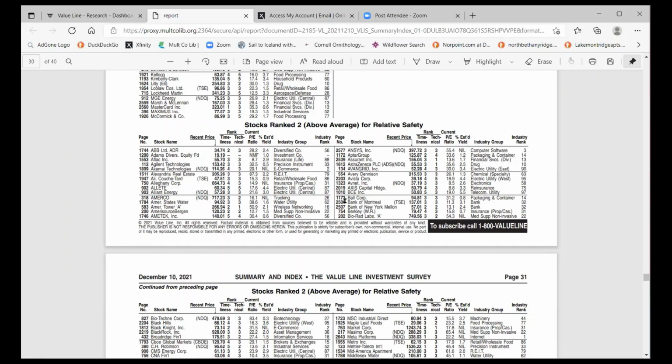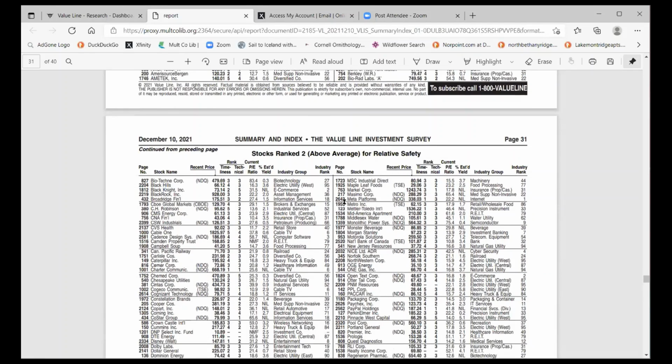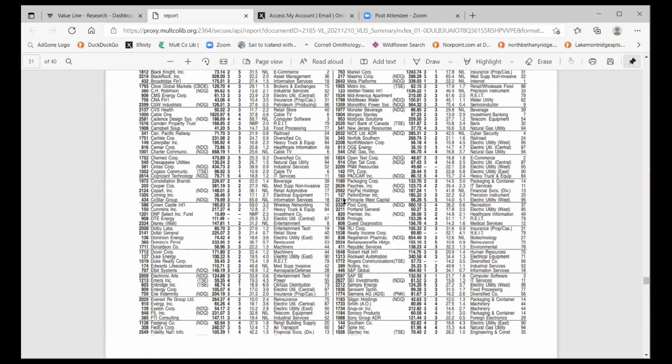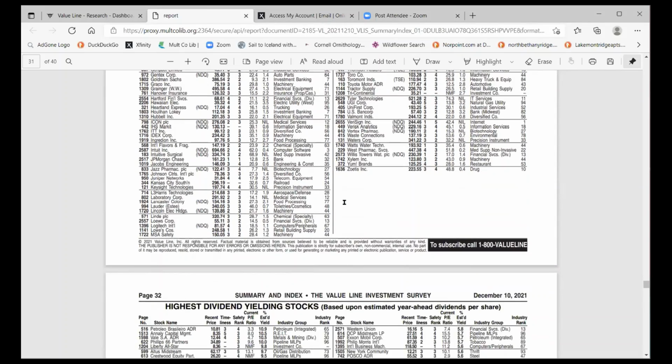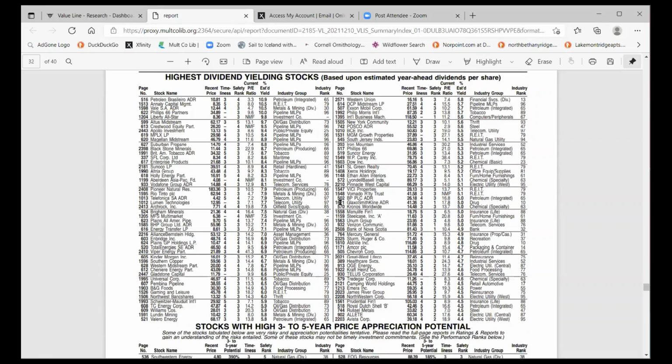These are the 2s for relative safety, which are, again, the better ones, and they're a little more than 1 page worth. So at that point, then, I drop down into this particular screen right here, the highest dividend yielding stocks, and I start down the list, but I don't read the names. I start down the number of timeliness. The dash means it is being unrated for timeliness.